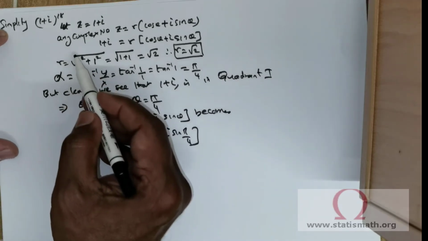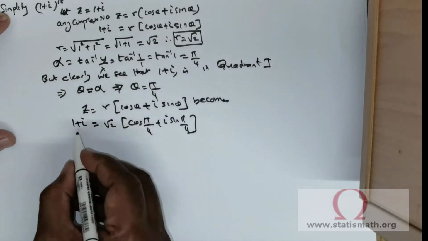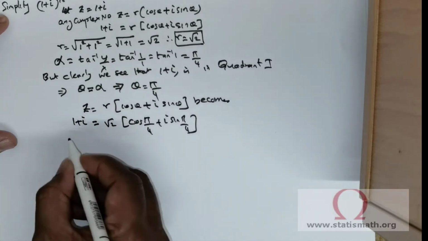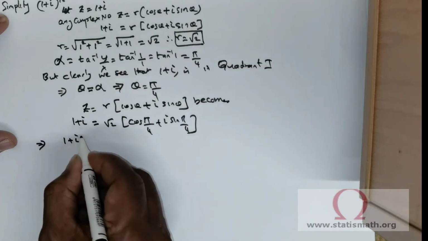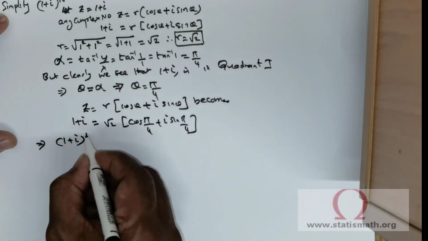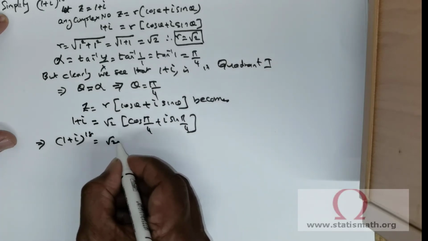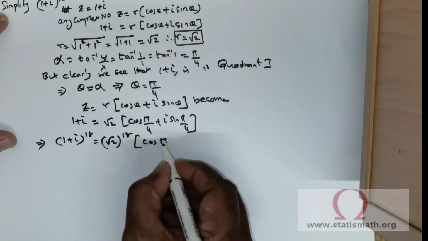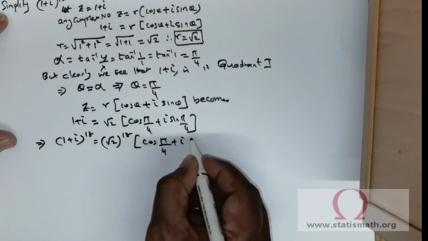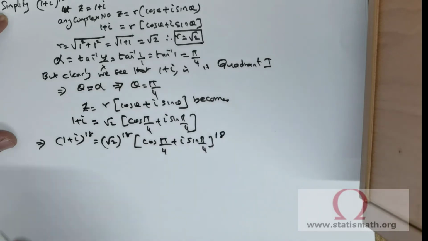Now we need (1 + i) raised to the power 18, right? So raising it to the power of 18, we get (1 + i) raised to the power 18 equal to root of 2 raised to the power 18 times (cos pi over 4 + i sin pi over 4) raised to the power 18.